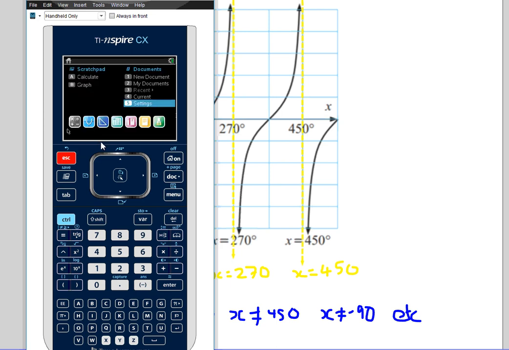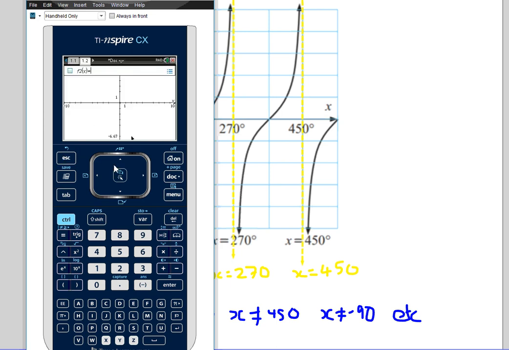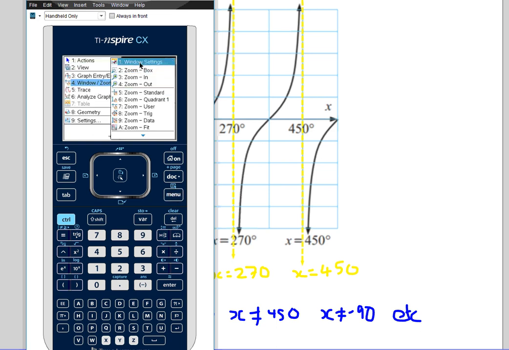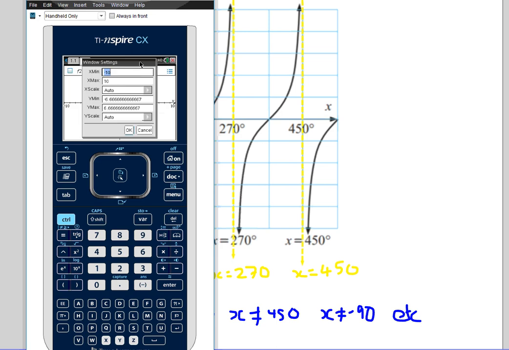Let's go menu, window zoom, window settings. Let's see, -10, -2, I'll do roughly -2, up to 360 degrees, just to show you how it could be different. And so on. Let's do tan of x.